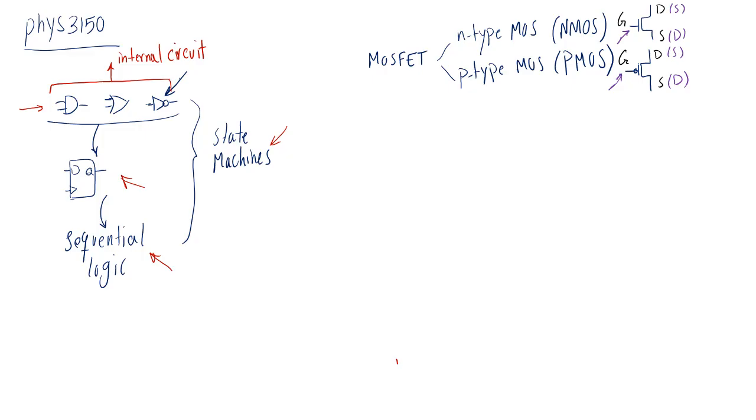In terms of operating regions, we could have an off state, and then we could have saturation and triode, or linear.